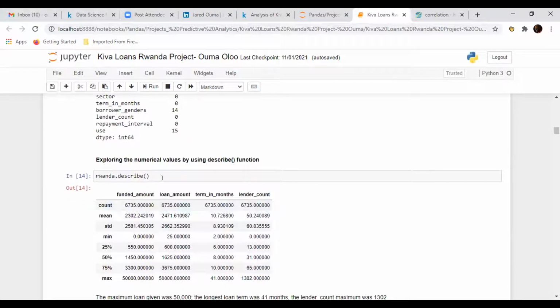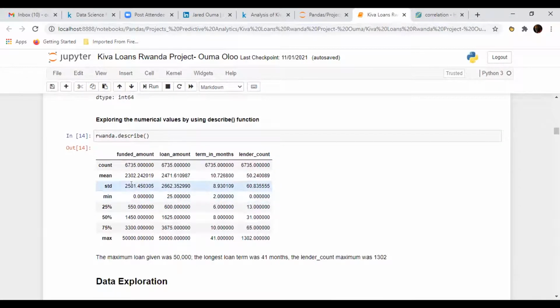Then I went straight to exploring the numerical values by using the describe function. So then we got this data, and I tried to just look at the mean, standard deviation, the minimum and the maximum loan given. There were then the percentiles, just to check how the data looks.